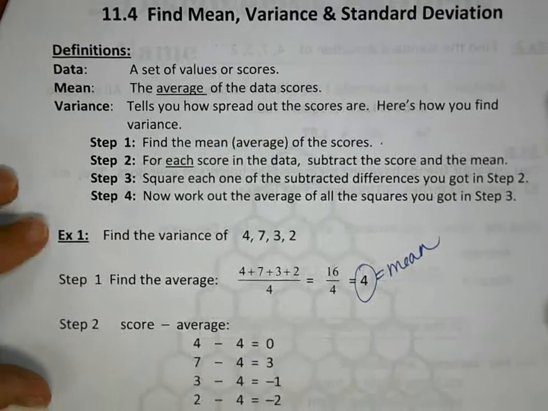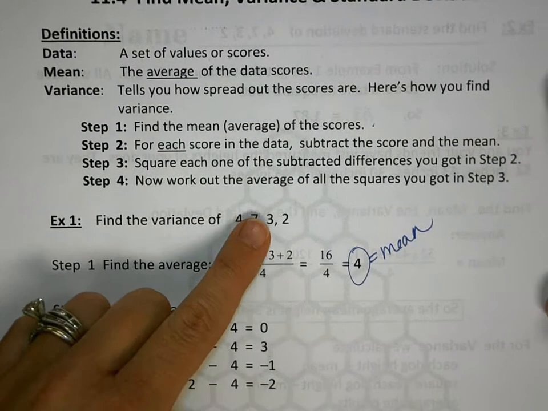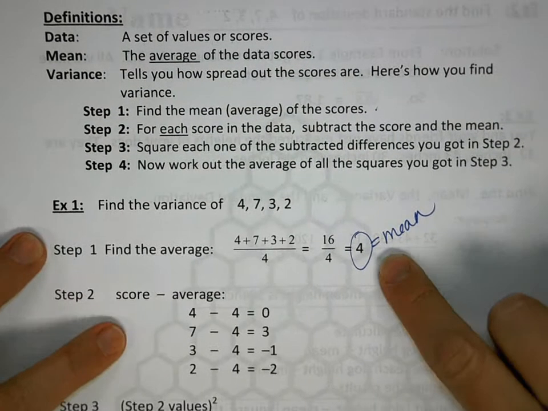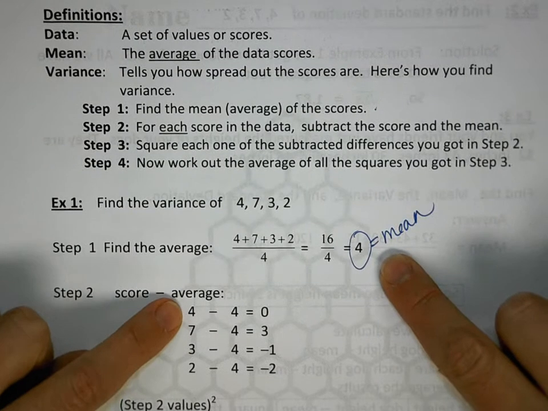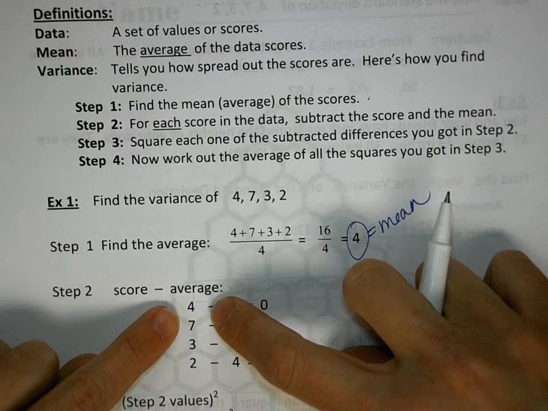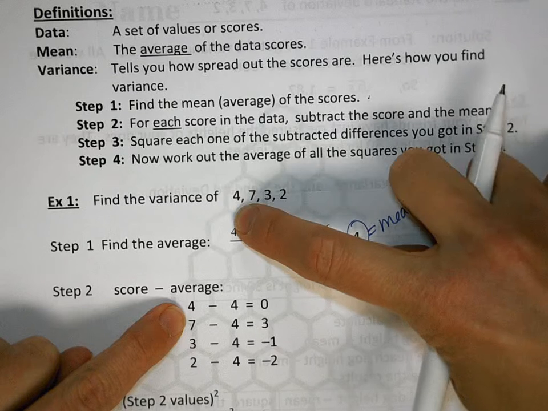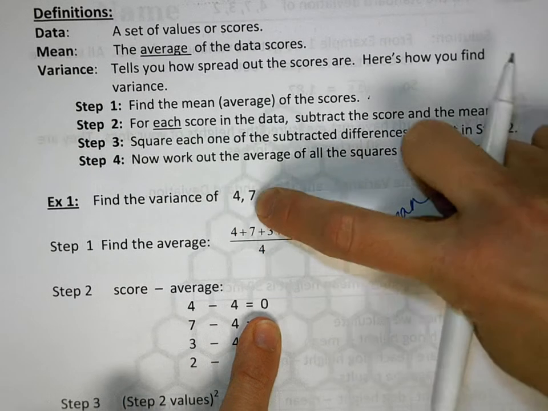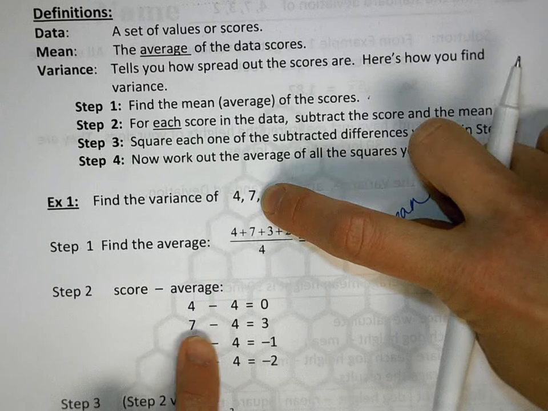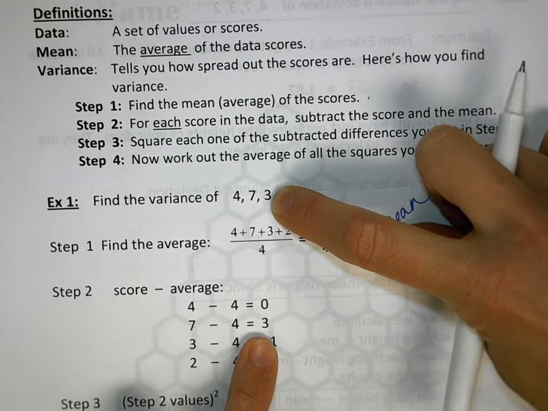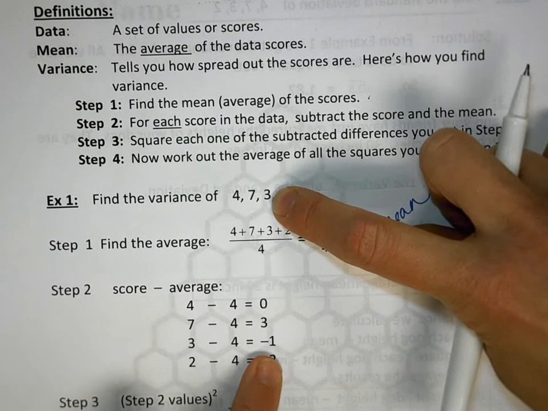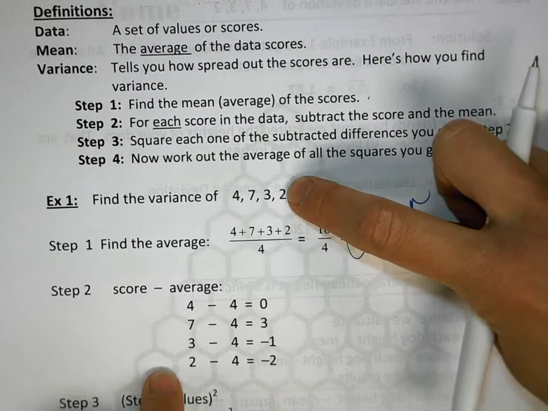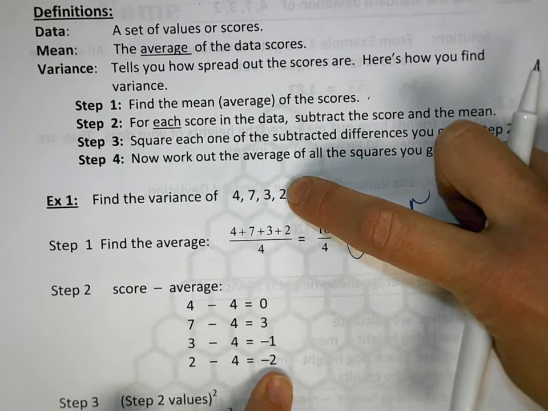Then for each of these numbers, you take the original number and subtract the mean. For the first number, 4, I do 4 minus 4, which is 0. My next number is 7, so 7 minus 4 is 3. 3 minus 4 is negative 1, and 2 minus 4 is negative 2.